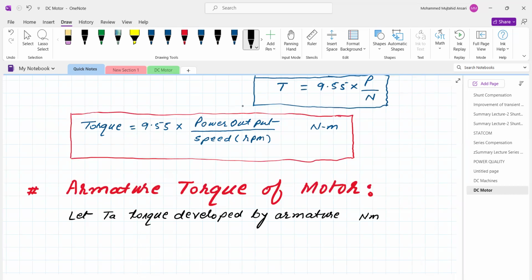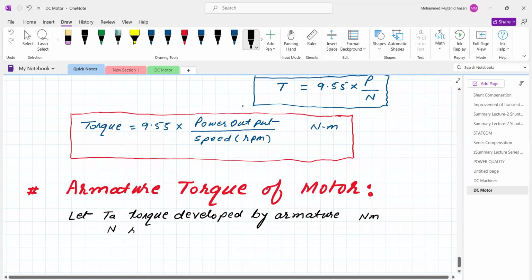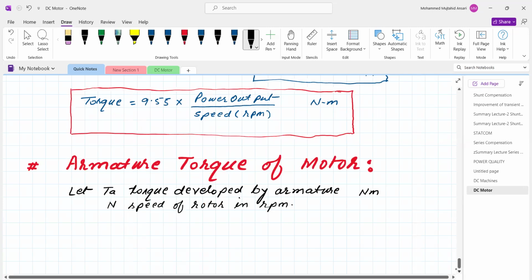And speed of rotor in RPM, then we can say that power developed by armature equals TA into twice pi n upon 60.